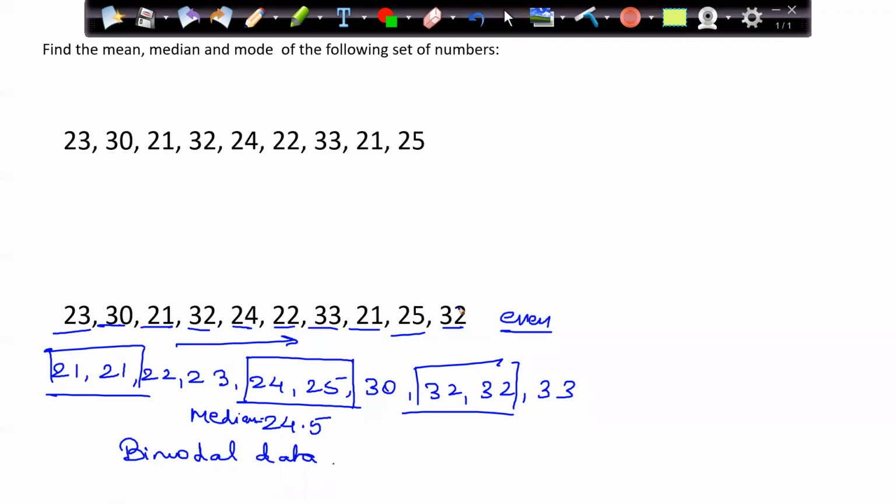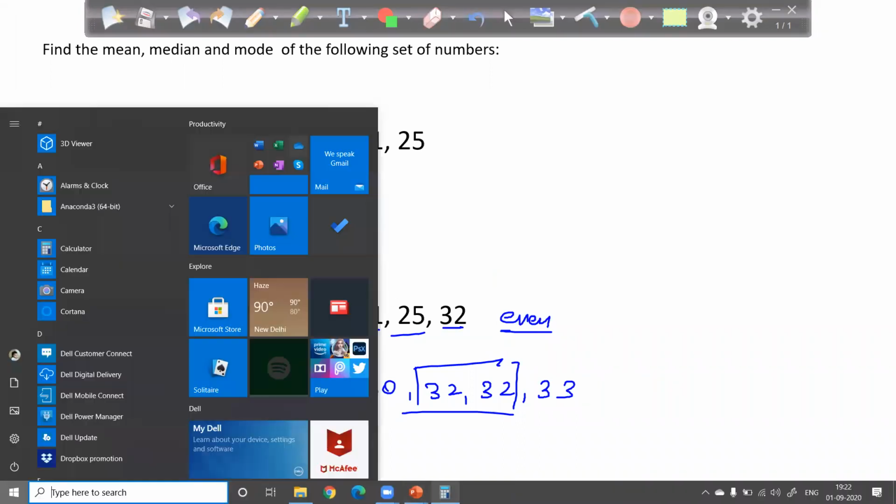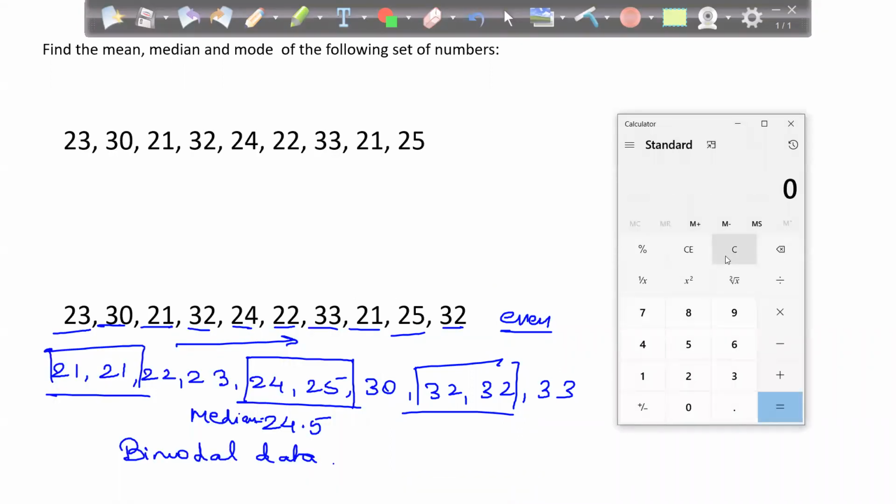Now if I come to the mean, for calculating the mean, let's do the sum. So 21 plus 21 plus 22 plus 23 plus 24 plus 25 plus 30 plus 32 plus 32 plus 33, divided by 10 records.